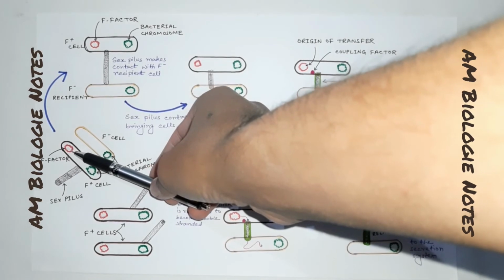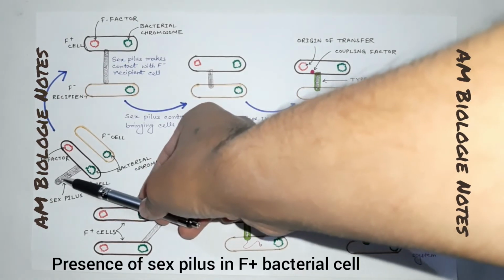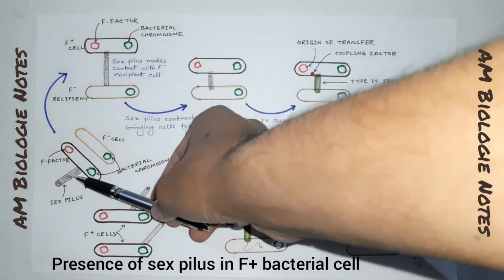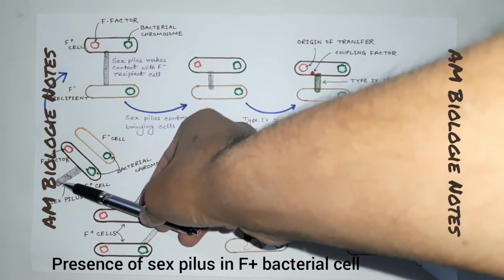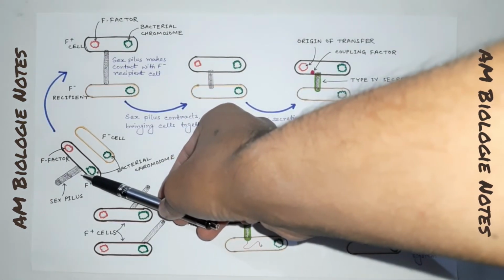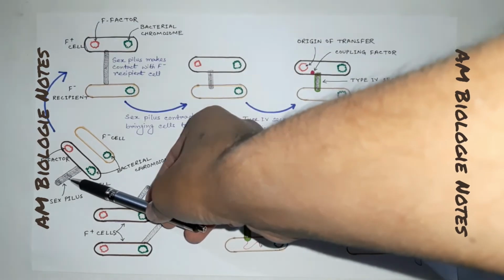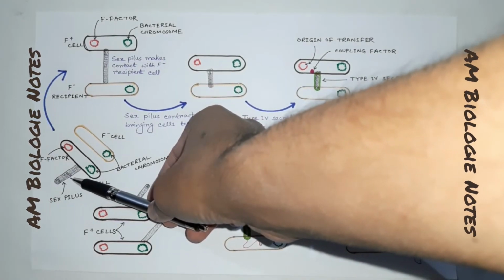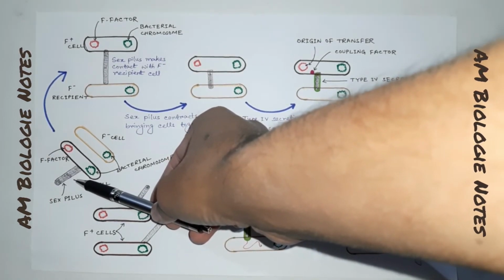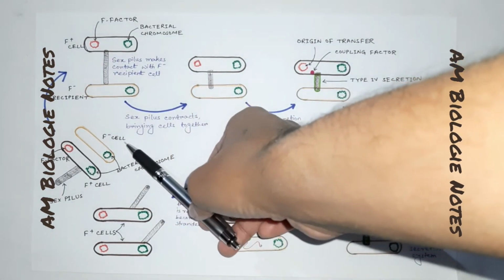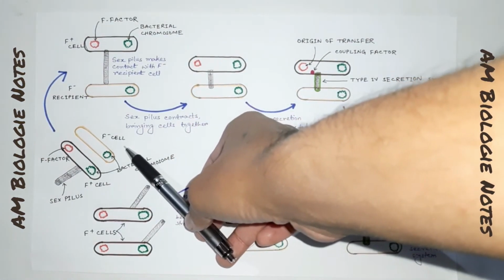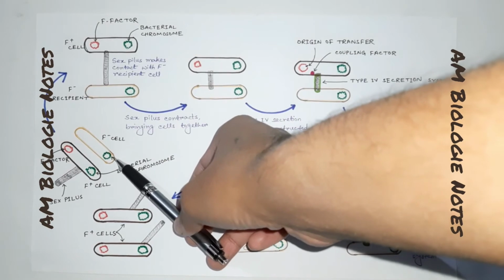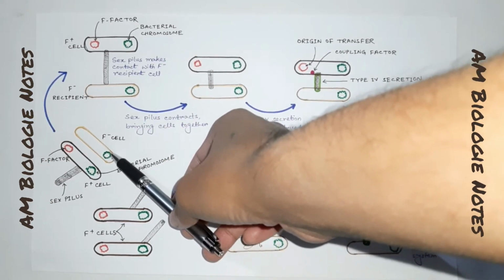As it has F plasmid, it bears sex pilus. This is a sex pilus and it will play the important role for transferring the F plasmid genetic materials to the recipient bacteria. This is an F minus recipient cell. It has only bacterial chromosome.